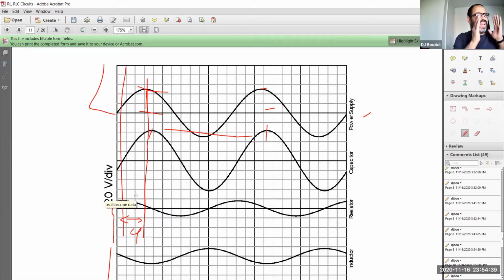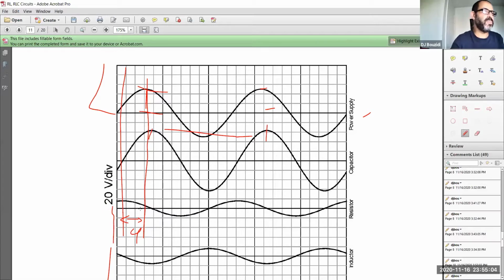You have to multiply it by omega to find it in radians. So omega delta t is the difference in phase, phi in radians. If you want it in degrees, multiply it by 180 divided by pi.